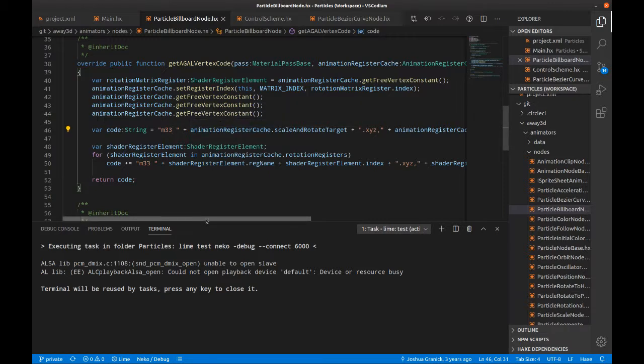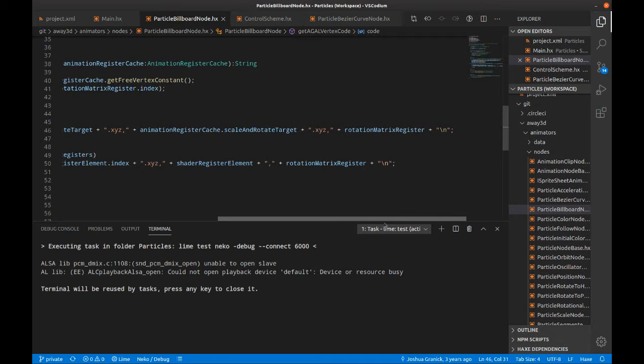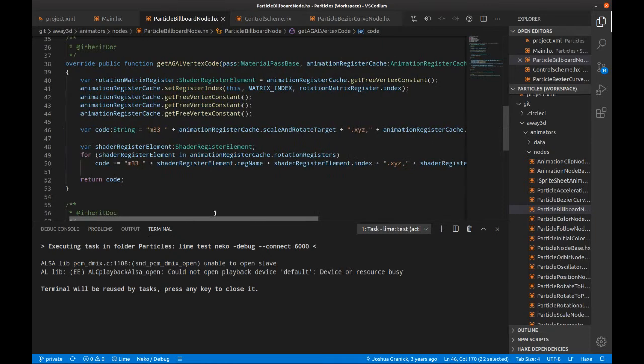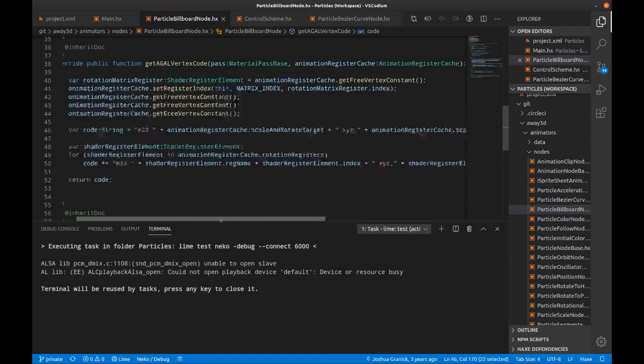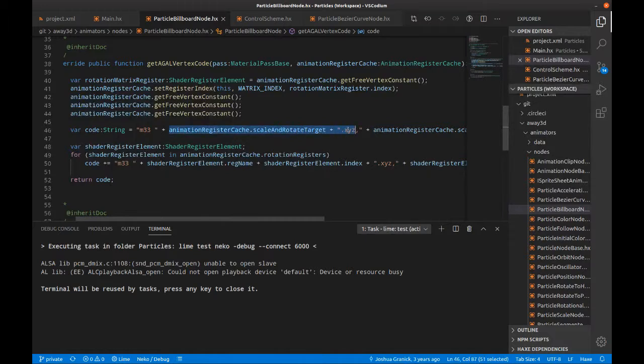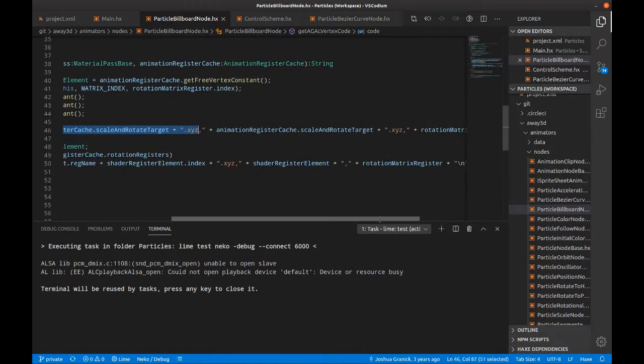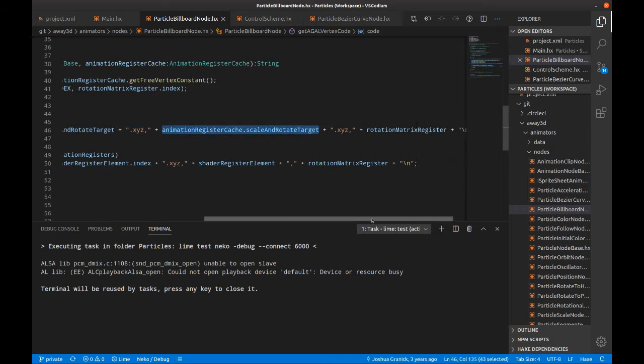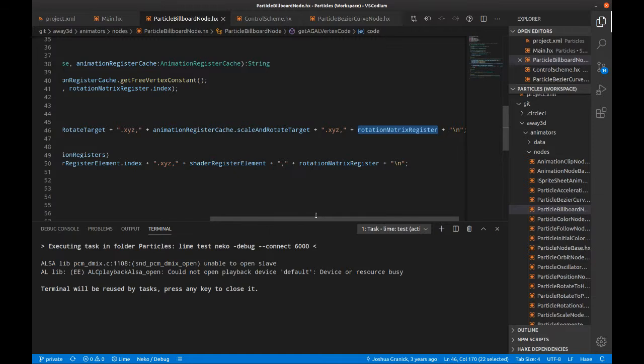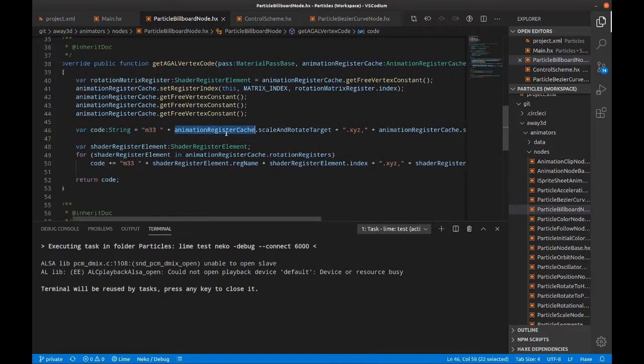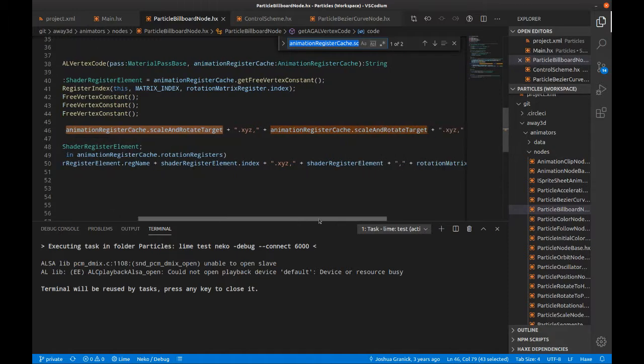And yeah, it says take this amount, multiply it by this matrix, and store it here, which is the same place. Okay.